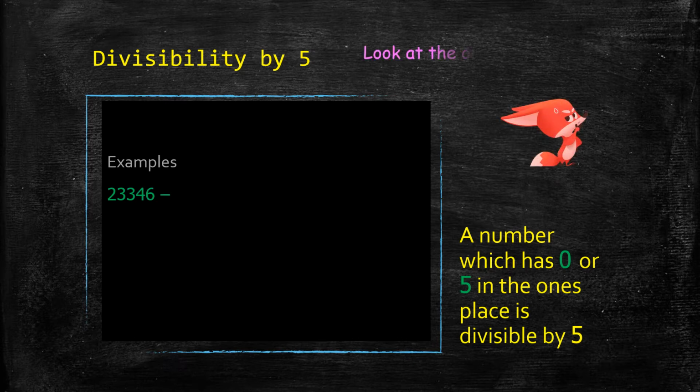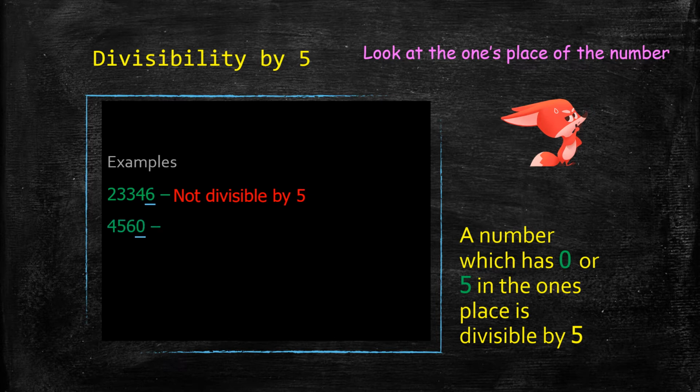Yes, Foxy. Look at the ones place of the number. So what do you have here? 6. So is this number divisible by 5? No. What about this? 0 in the ones place. Yes, divisible by 5.